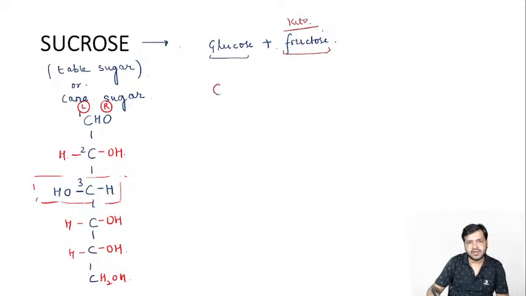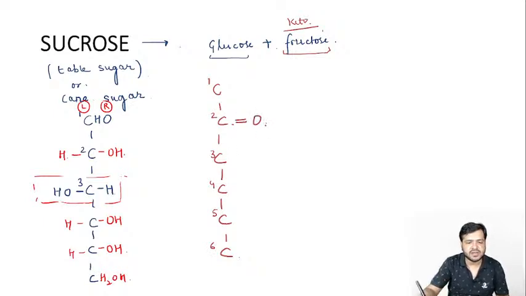So you already know we have a 6 carbon compound, and the keto group is basically present at the second carbon. The functional group is present at the second carbon. CH2OH. The other structures remain the same, just like glucose.